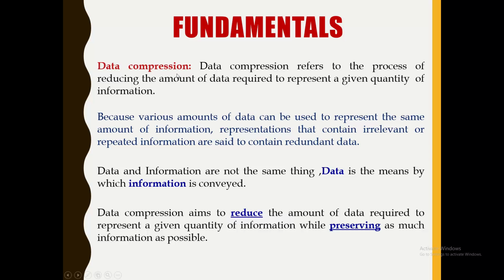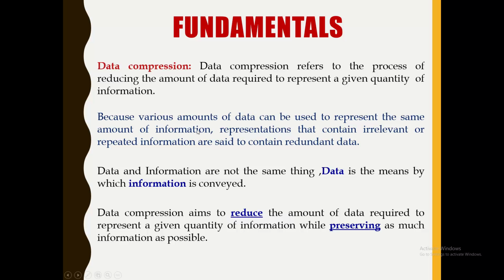So what is data compression? Data compression refers to the process of reducing the amount of data required to represent a given quantity of information. Sometimes we are representing information with a larger number of bits than required. Even a small number of bits can do that job.